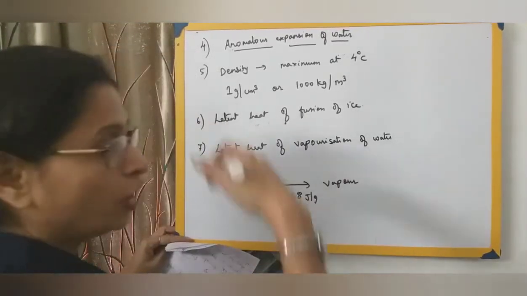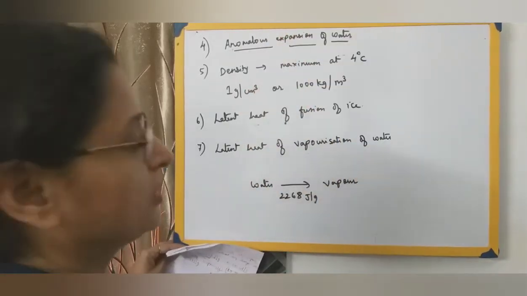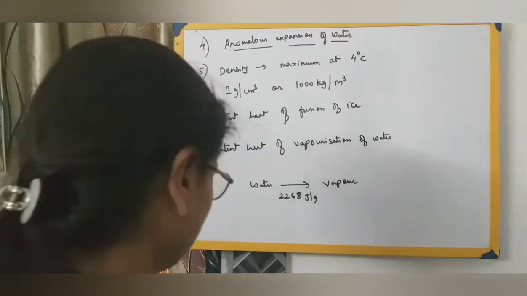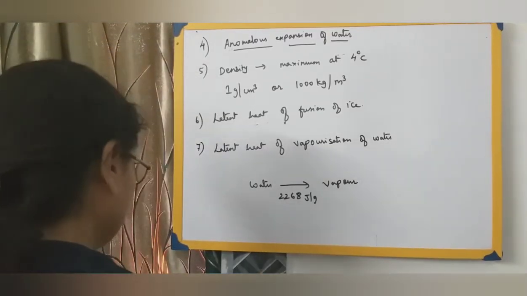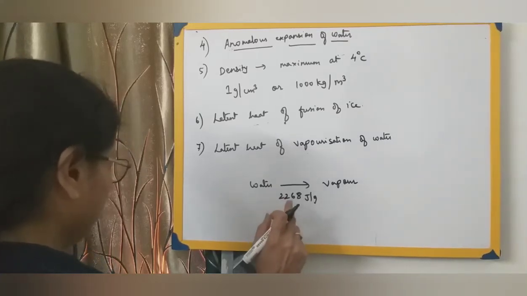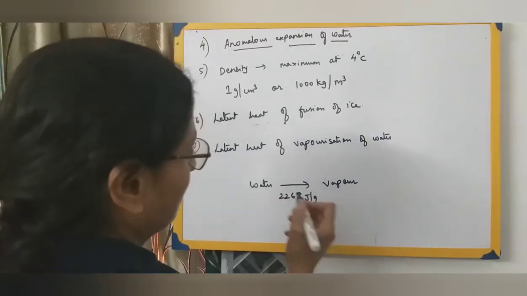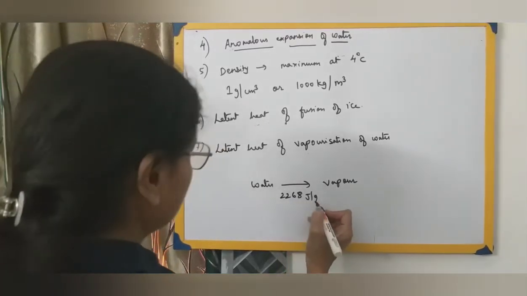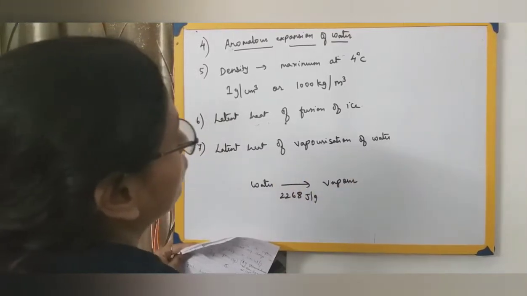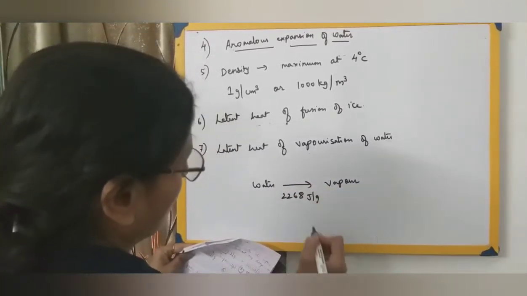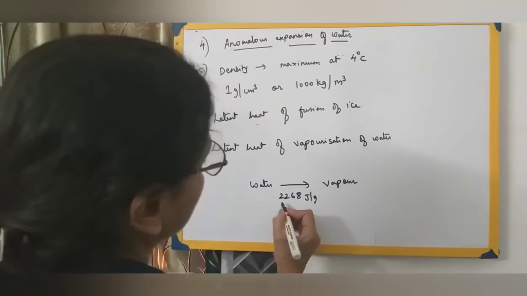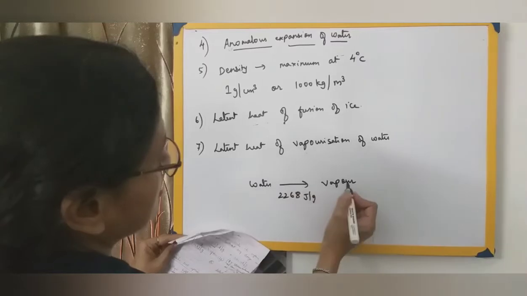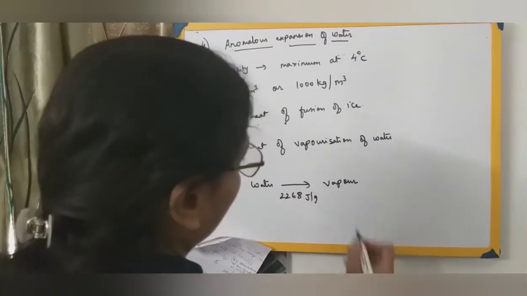You'll find there won't be any rise in the thermometer, because the heat supplied has been utilized in bringing about the change of state. So the heat absorbed in bringing about the change of state, 2268 joules per gram, is called the latent heat of vaporization of water. That means this is a fixed quantity: 2268 joules per gram, when 1 gram of water changes into 1 gram of steam or vapor.